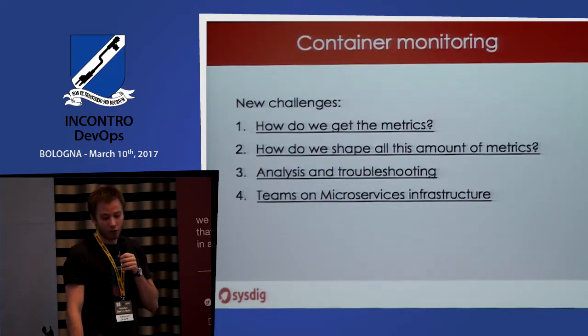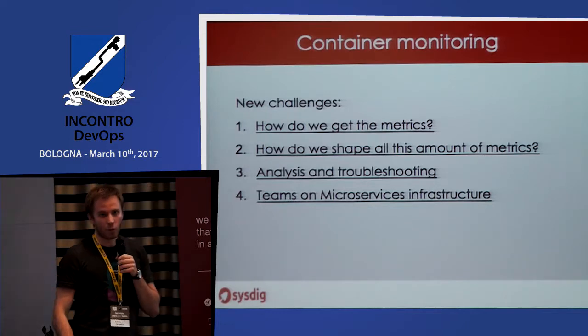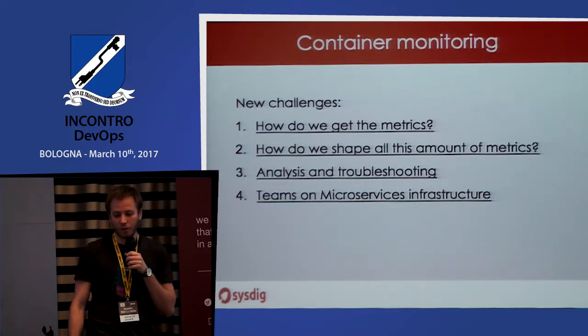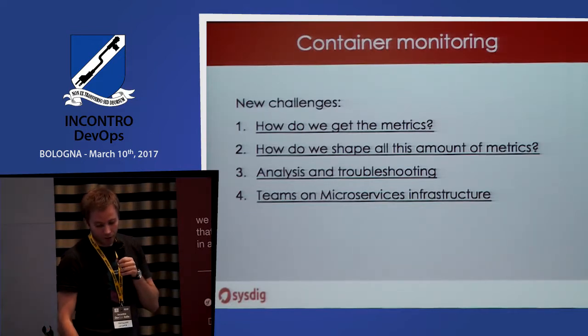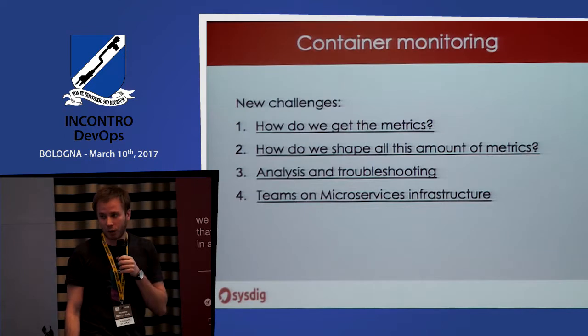So there are new challenges that come up with microservices and containers. First of all, how do we get the metrics that we want from this mess? We have to isolate them and take all of the data that we want with minimal overhead. Another point is how do we present the metrics to the final client, the one that is going to use them?